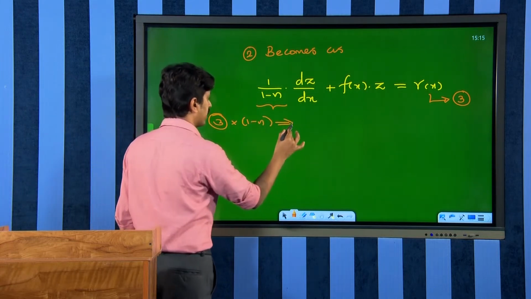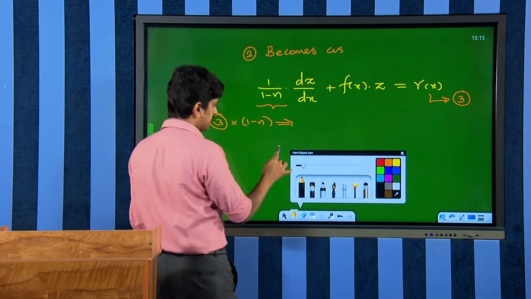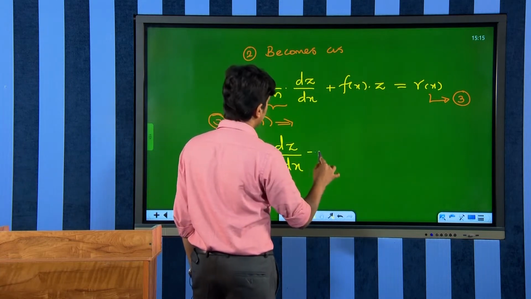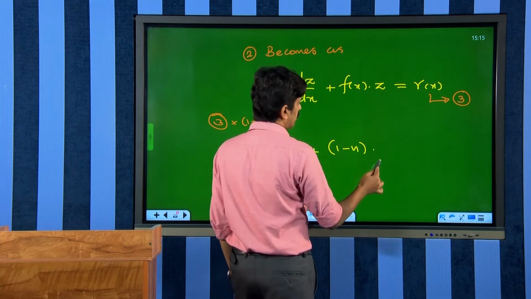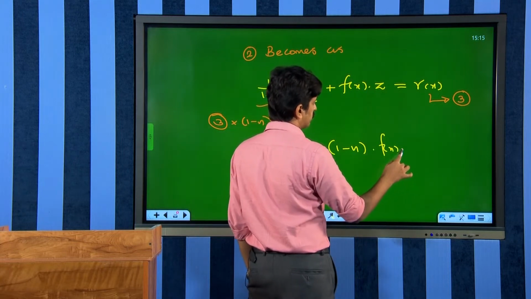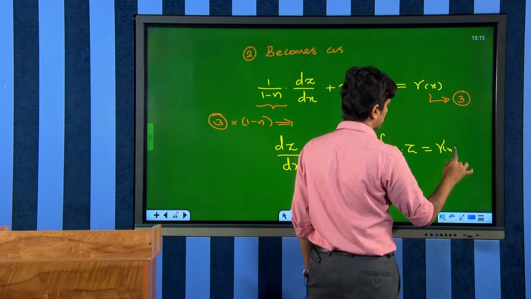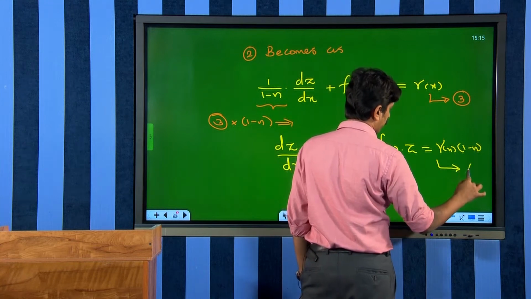So, this implies finally we will have dz divided by dx plus 1 minus n into f of x into z, and finally it is equal to r of x into 1 minus n. See the equation number 4.